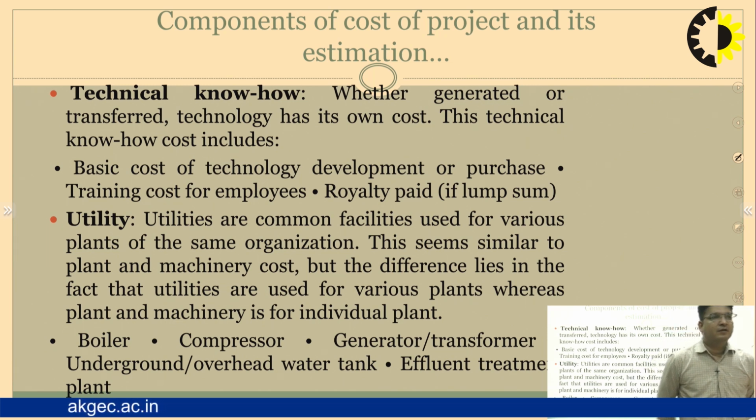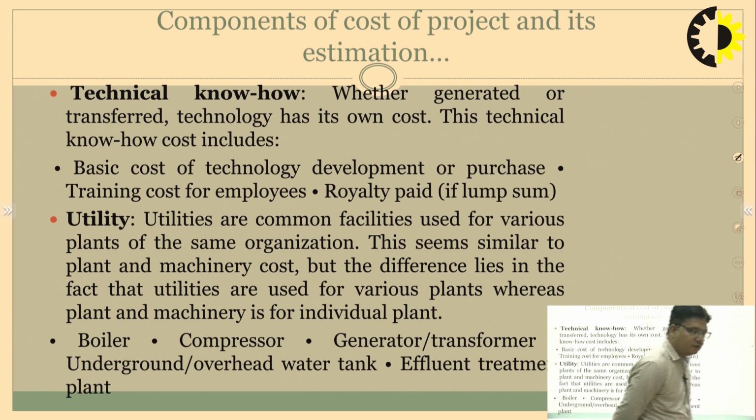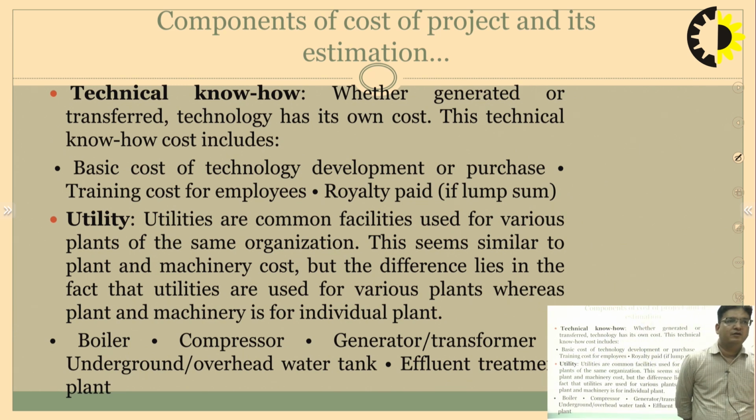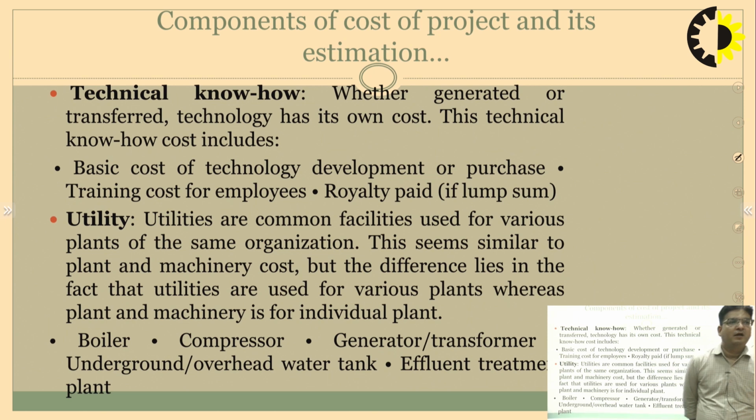Then the training cost for the employees. The employees of any organization need to be trained in order to use new machinery. For that, the training cost has to be there, and the training must be provided by good trainers. And the royalty, if applicable, has to be paid.